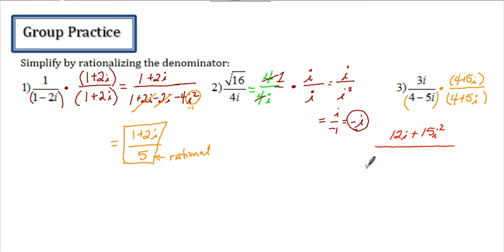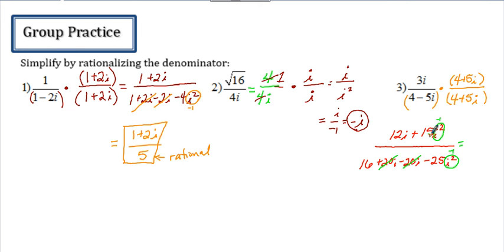Let's FOIL the bottom. 16 plus 20i minus 20i minus 25i squared. Please be very careful with these. All right, let's cross out the things that we know cancel. Let's think of these i squareds as negative ones and keep simplifying. So what does this top become?